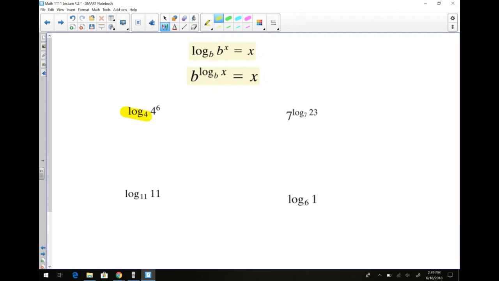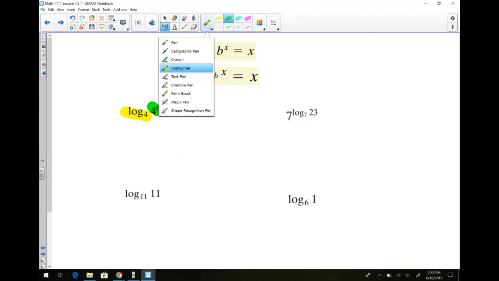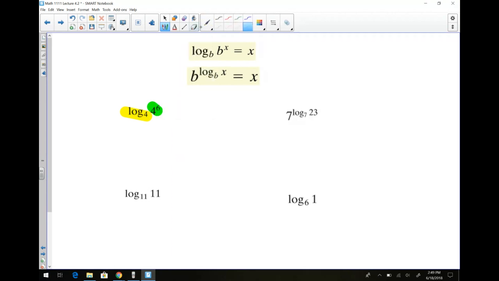This is the log function. This is the exponential function. Notice how the exponential function is inside this logarithmic function. And notice that they have the same bases.